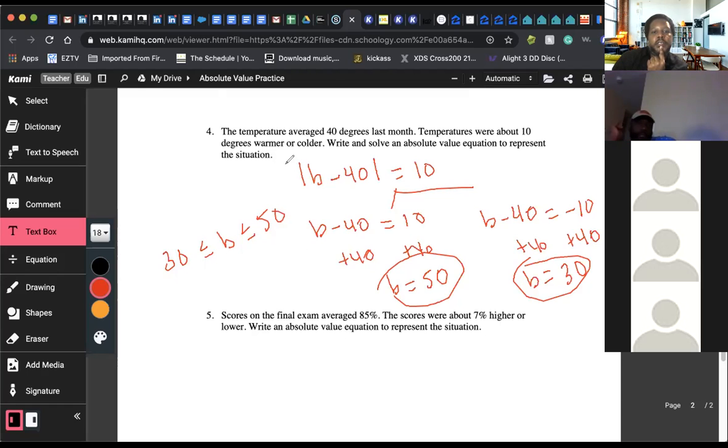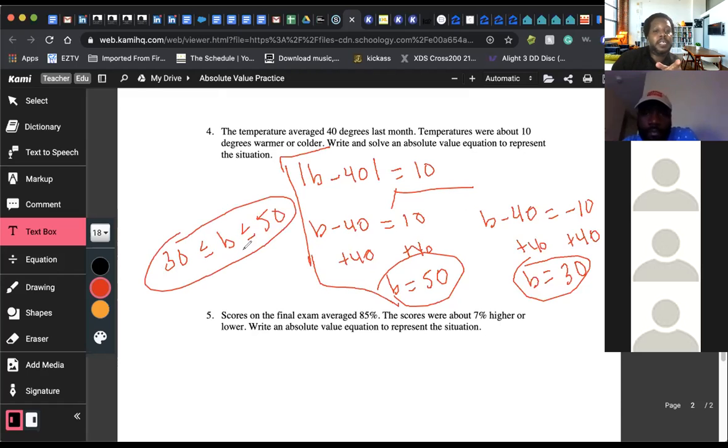Oh, you wrote it already. Yeah, but this is good. You did the part where it asked you to write and solve the equation. This is right. It doesn't ask you to do this part. I added this part because you were already thinking about it when you saw it was going to be a range of temperatures, and that's correct. If they wanted you to write the range of temperatures, this is what it would be. But they didn't ask you to do that.